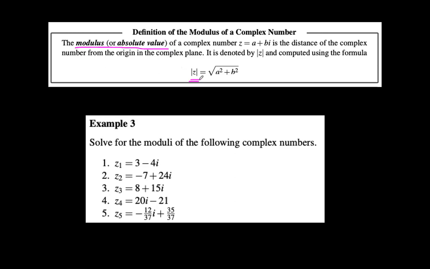Pero class, yung concept niya parang ganon na rin. We want everything to be positive, something like that. Okay? Sabi rito, it is denoted by this one, parang absolute value. Actually, absolute value siya. Pero ang meaning niya, modulus. Or it means the square root of the sum of the squares of the two parts, A and B. Ito yung formula natin. Alright?